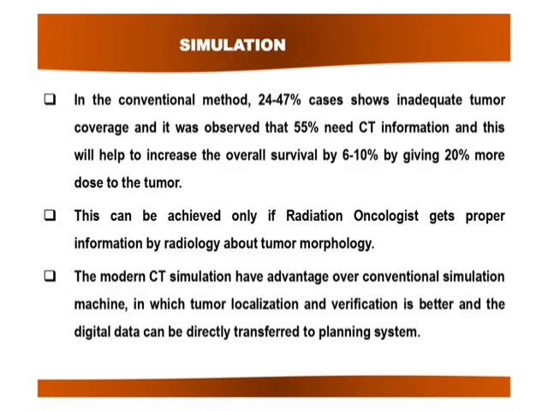These CT simulators only differ from the conventional CT simulator in that they have a wide bore aperture of around 80 to 85 centimeters, while a conventional CT simulator has a 70 centimeter diameter, so the larger bore diameter gives adequate inclusion of immobilizing devices.